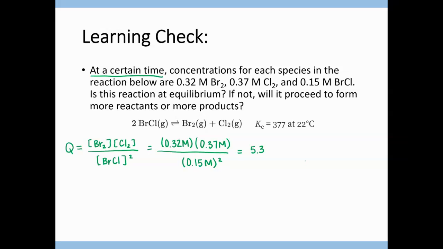Okay, so we have Q is 5.3, K is 377. Q is much smaller than K, but all that really matters is that it is smaller. Q is less than K. So this means that at this time, we have a lower concentration of products than at equilibrium.